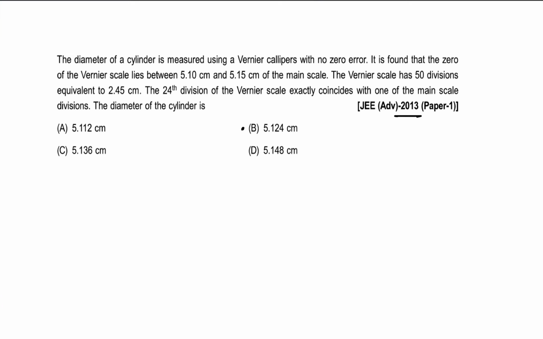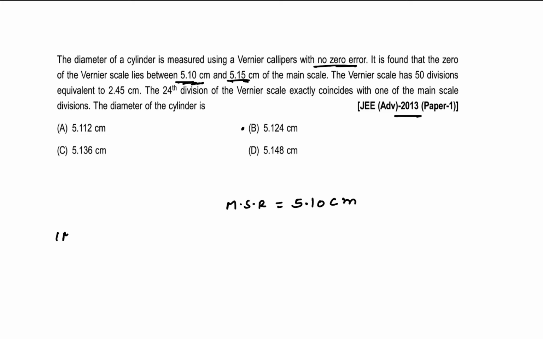Next one, in 2013, the diameter of the cylinder is measured using vernier calipers with no zero error. There is no zero error. It is found that zero of the vernier calipers lies between 5.10 centimeter and 5.15 centimeter. Now you can see the main scale reading is the left side of the zero of the vernier scale, so you have to take 5.10 centimeters.